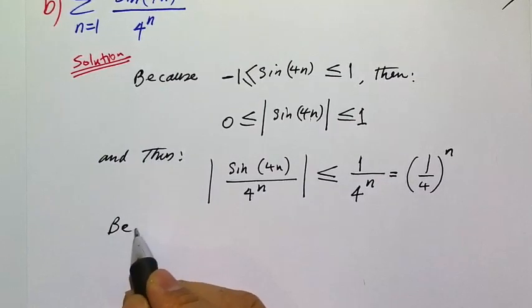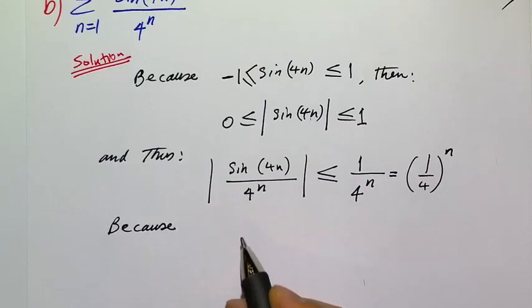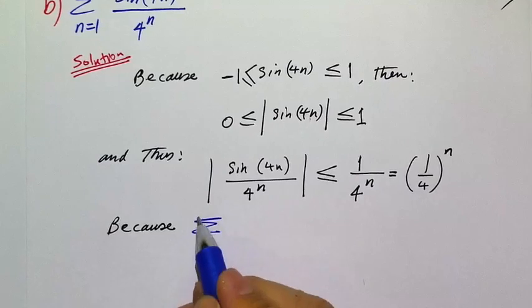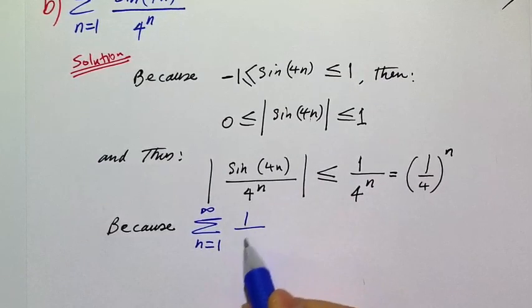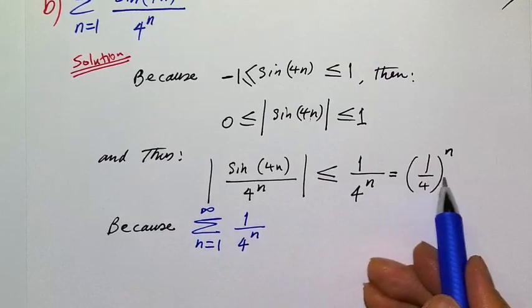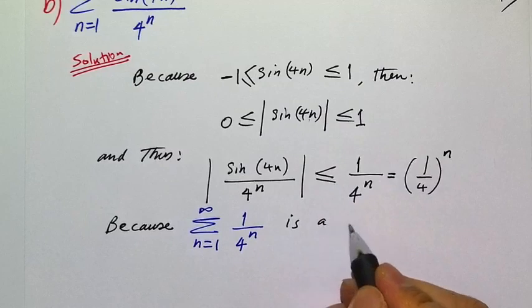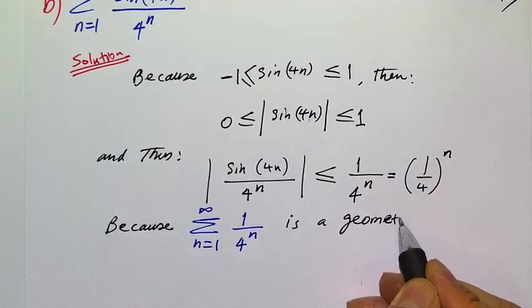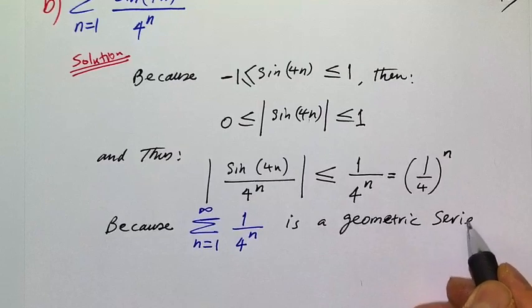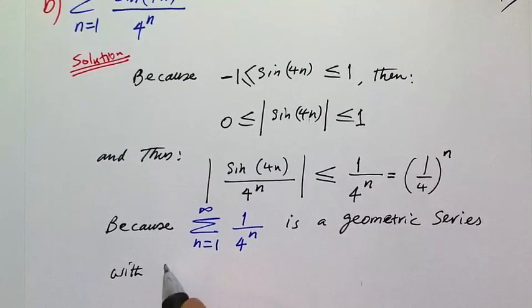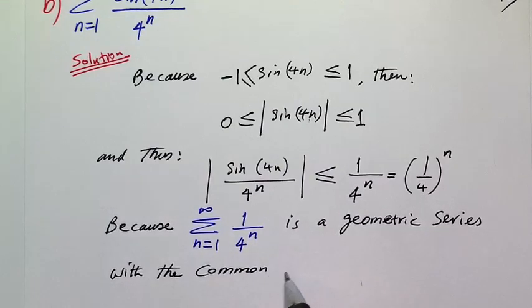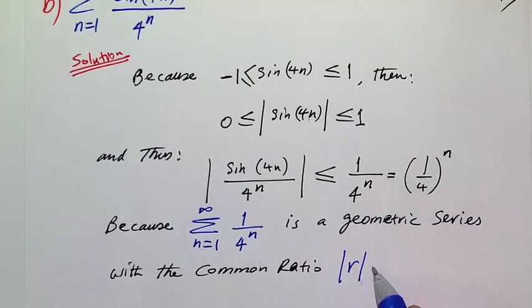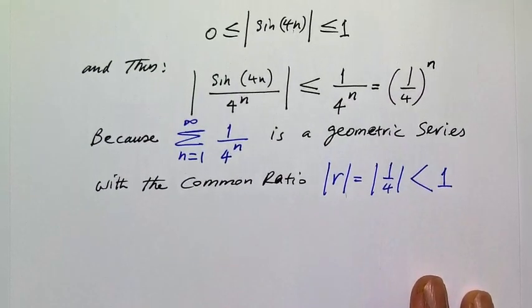So because that is a geometric series with the common ratio r equals the absolute value of 1 over 4, which is less than 1. Okay.